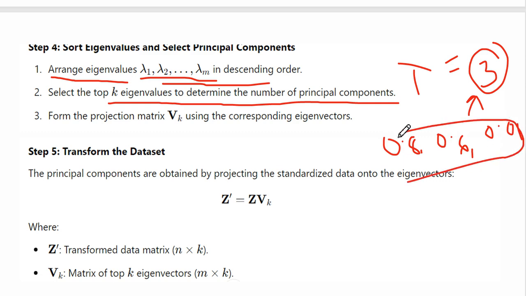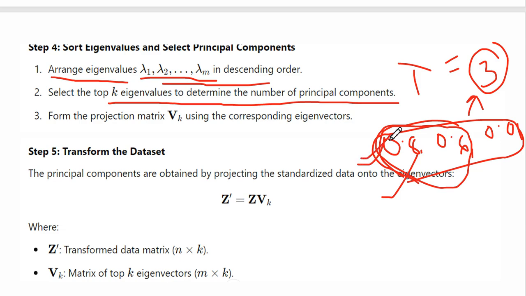These are the three eigenvalues. Here I can pick two eigenvalues. That means we choose two principal components. A higher eigenvalue means it is the most important principal component. The next higher value is the next most important principal component.